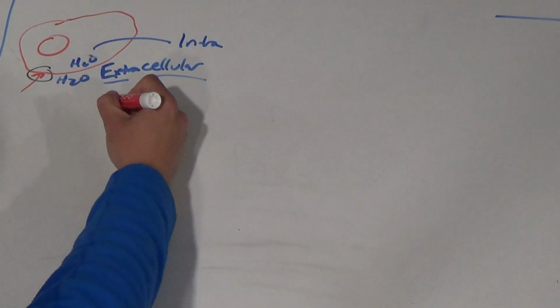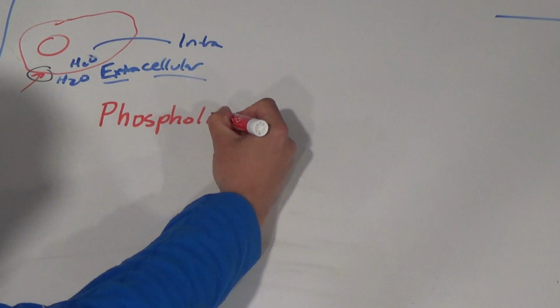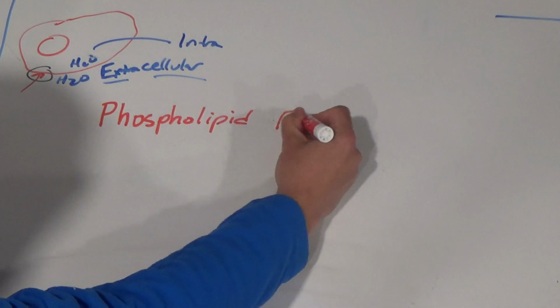Okay, so let's make this into a microscope. Let's magnify this area right here. I'm going to draw something, and you'll get better visuals in a minute. So the cell membrane is made of a phospholipid bilayer.